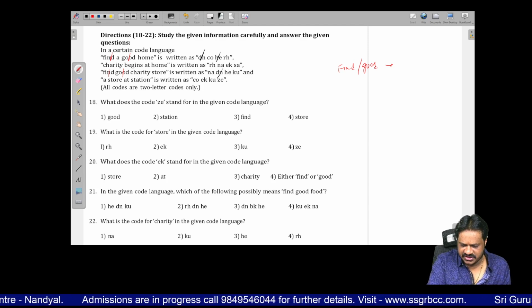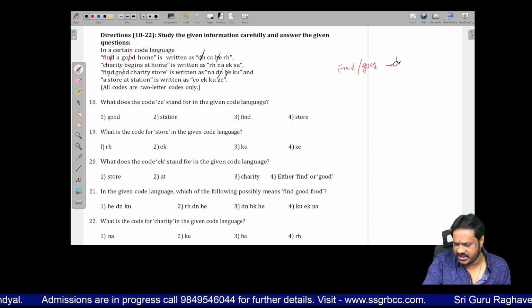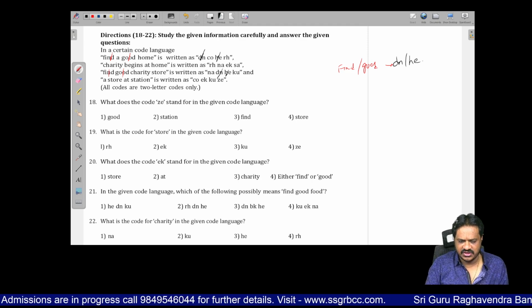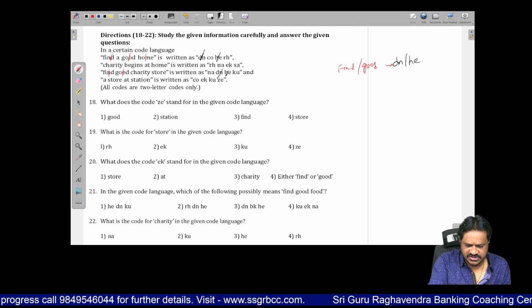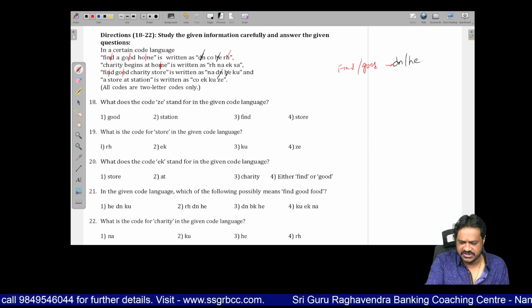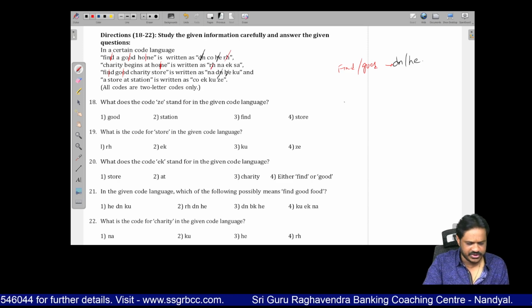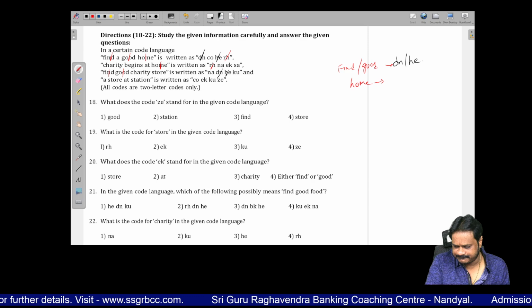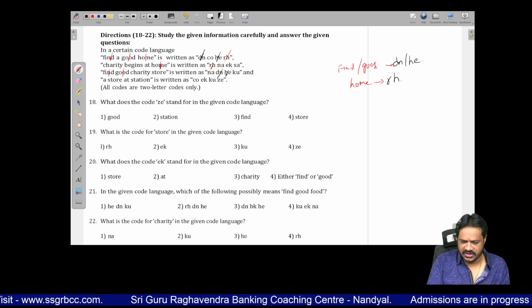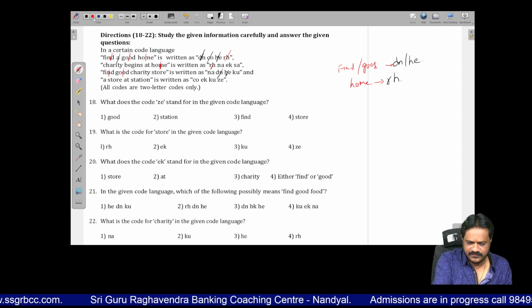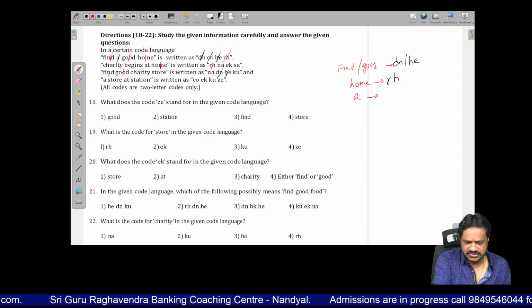So the code is either DN or HE. Now, a home. You can see home in first and second, and RH in first and second. So home means RH. Then a means CO.